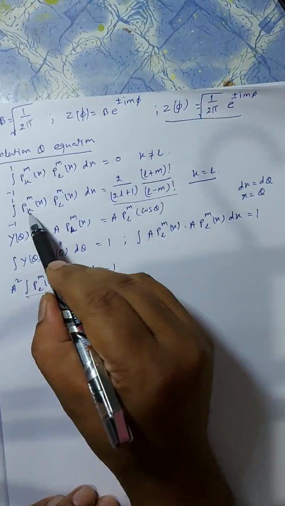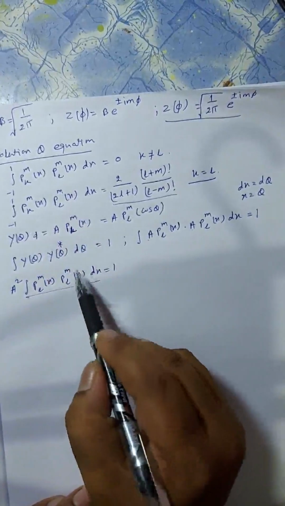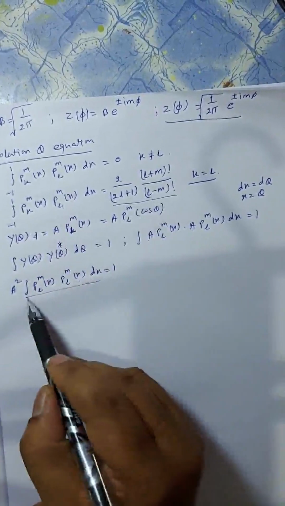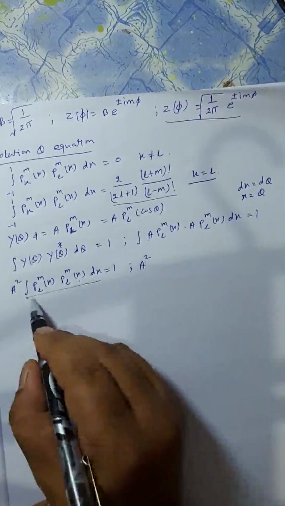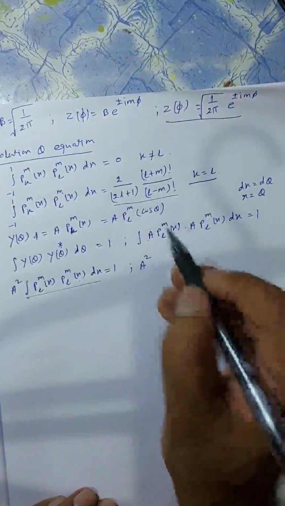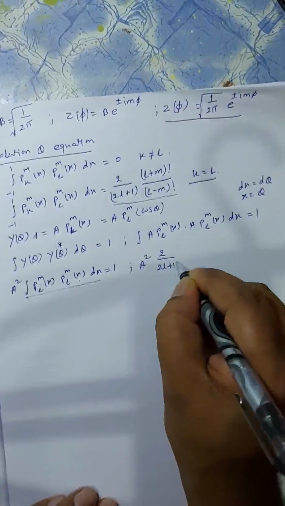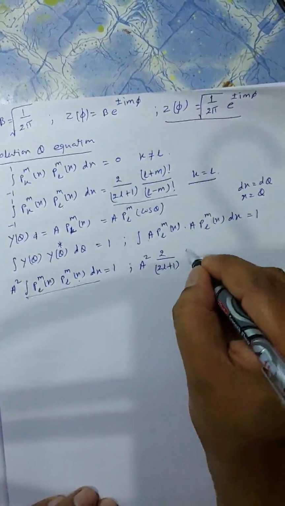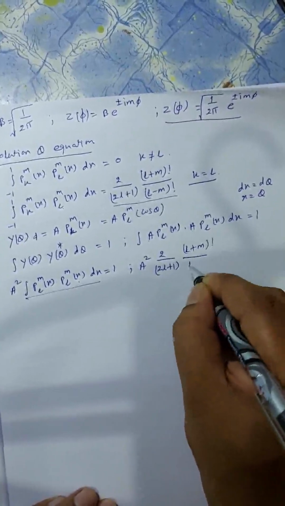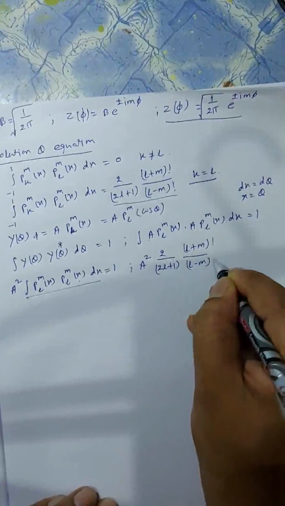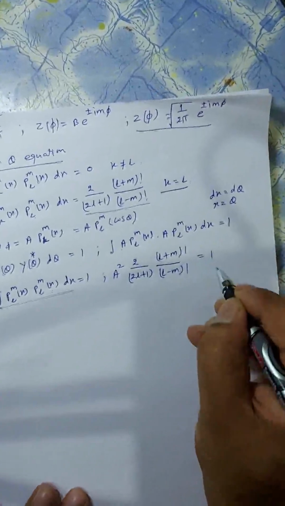Now this value we have to put here. Then A squared, in place of this we write 2 by (2l plus 1), times (l plus m) factorial divided by (l minus m) factorial, is equal to 1.